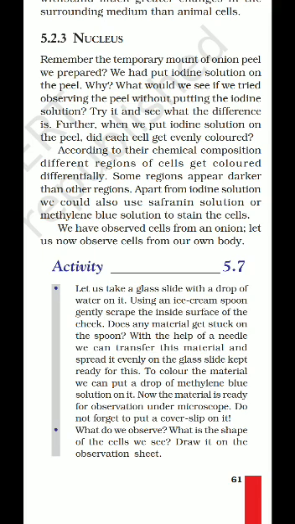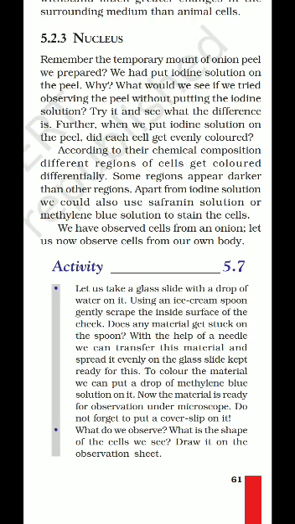Instead of a transparent cell, it is better to use some coloring, darker or lighter, so we can easily identify the structures. According to their chemical composition, different regions of the cell get colored differently. Some regions appear darker than other regions. Apart from iodine solution, we use safranin and methylene blue solution to stain the cell.